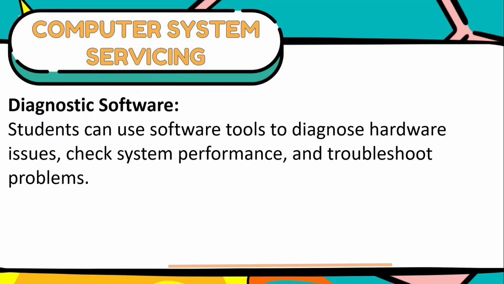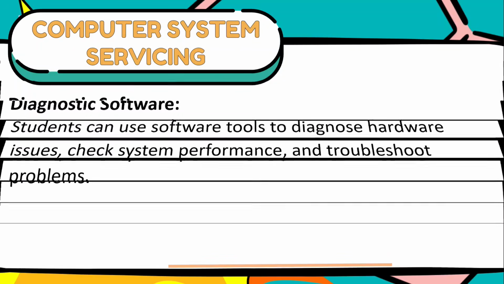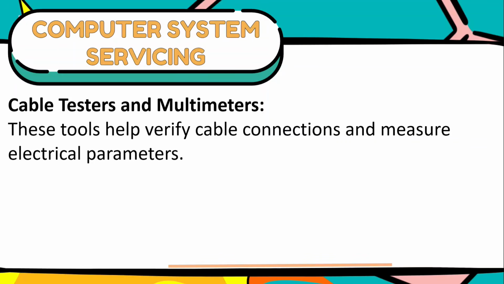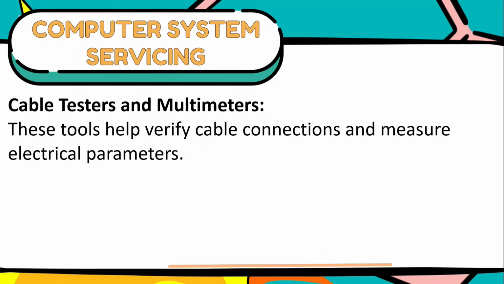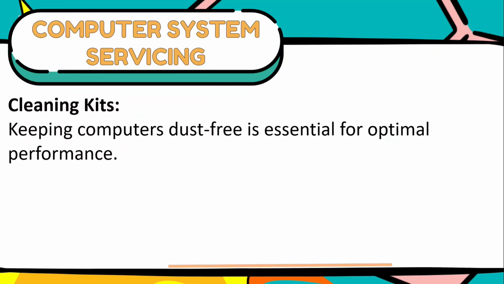Students can use software tools to diagnose hardware issues, check system performance, and troubleshoot problems. Cable testers and multimeters. These tools help verify cable connections and measure electrical parameters. Cleaning kits. Keeping computers dust-free is essential for optimal performance.